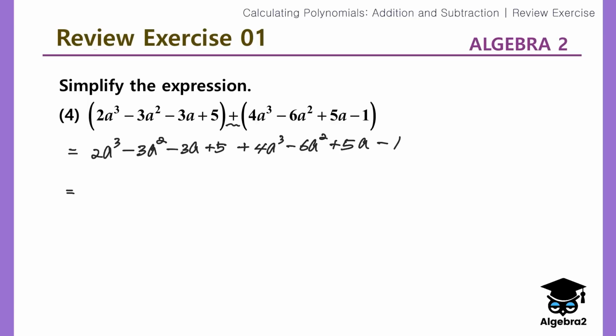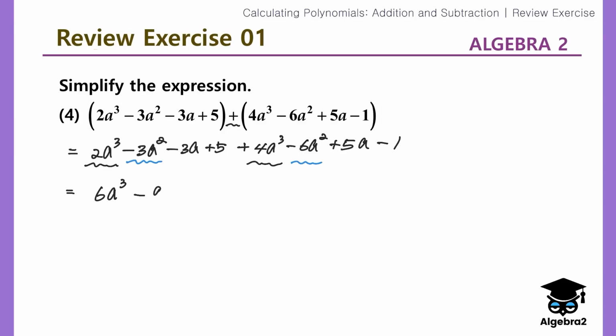First, a cubed term. We have 2a cubed plus 4a cubed. So 2 plus 4, that's going to be 6a cubed. Now square term, negative 3a squared minus 6a squared. Minus 3 minus 6, that's minus 9.